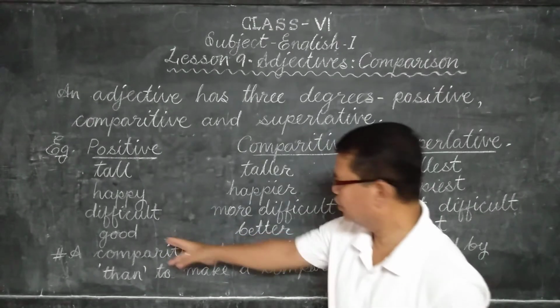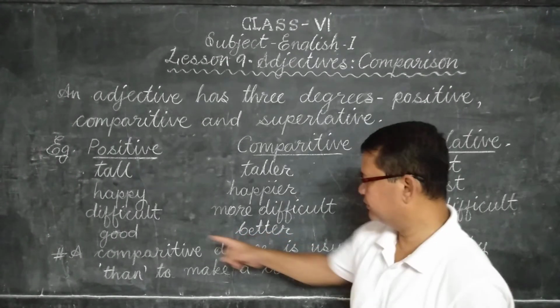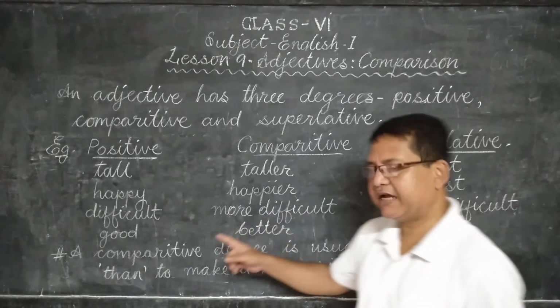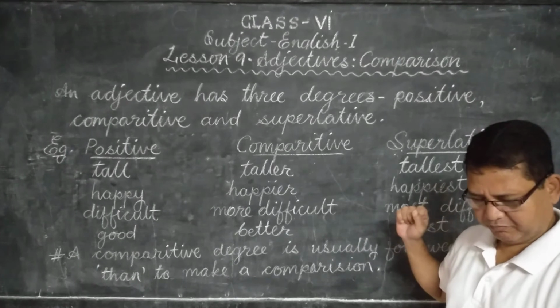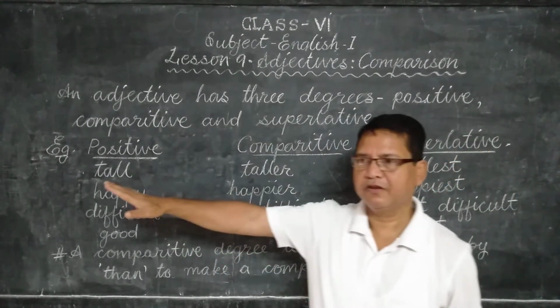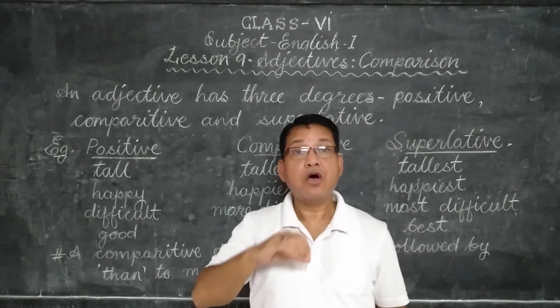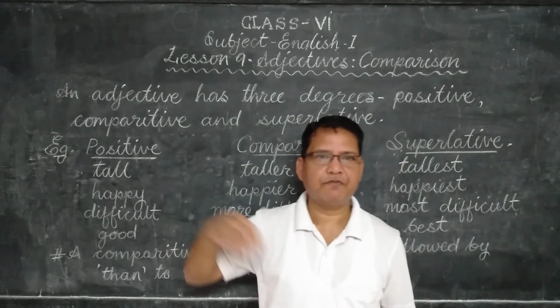Bad, worse, worst. Okay. Good, better, best. Bad, worse, worst. Far, farther, farthest. Or far, further, furthest. It can be farther or further.